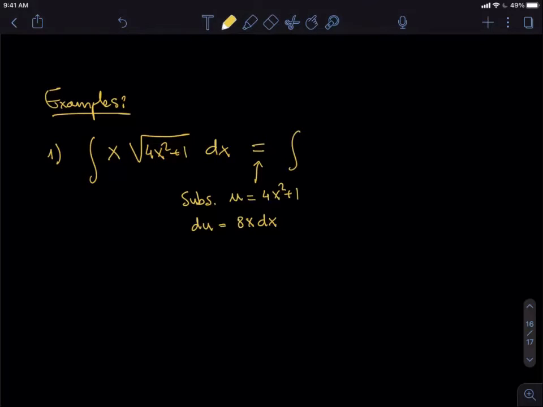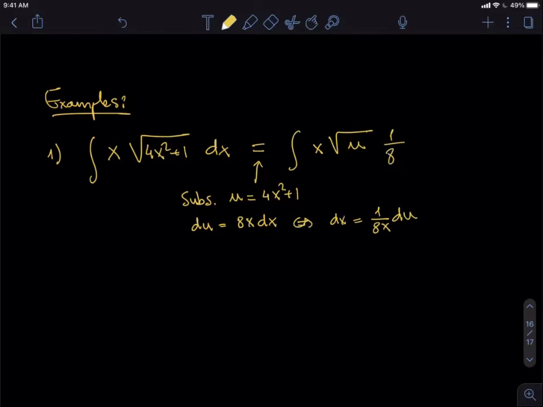Okay, with this information, we have here x square root of u, and then here we have du divided by... well, let me write it. dx is 1 over 8x du.